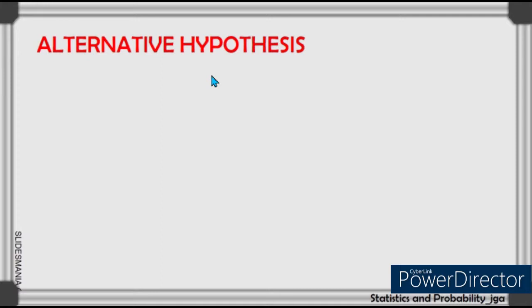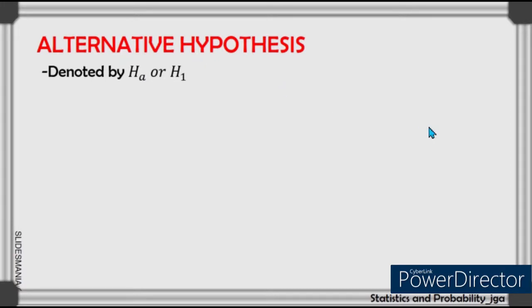The alternative hypothesis is denoted by H sub A or H sub 1. Some books use H sub A, but if you research it on Google, it shows H sub 1. So, H sub A stands for alternative hypothesis.